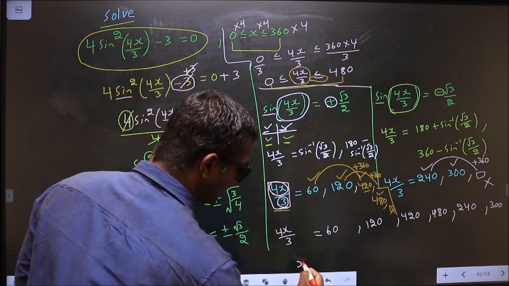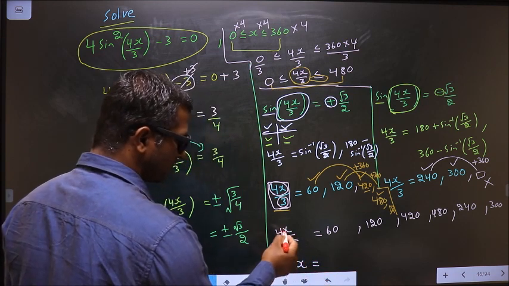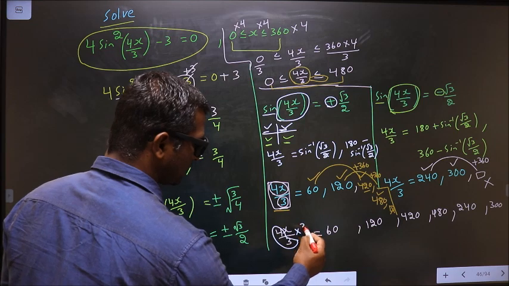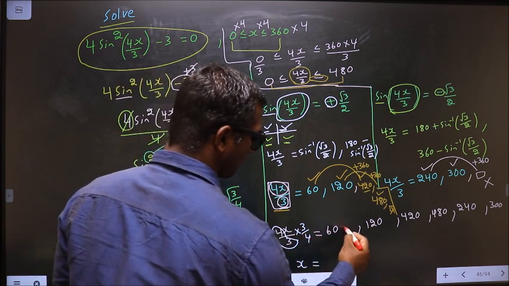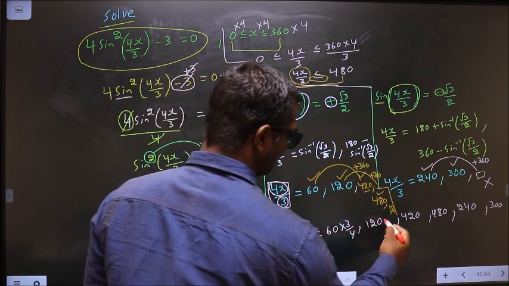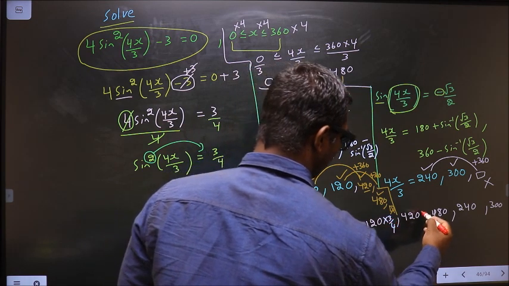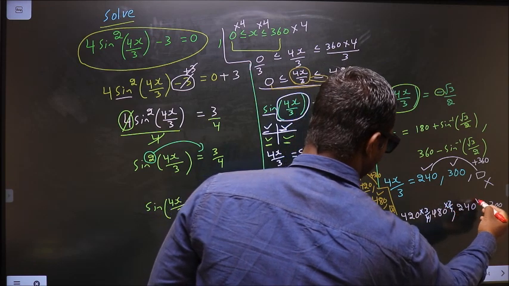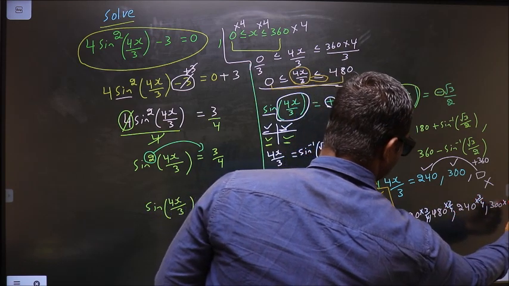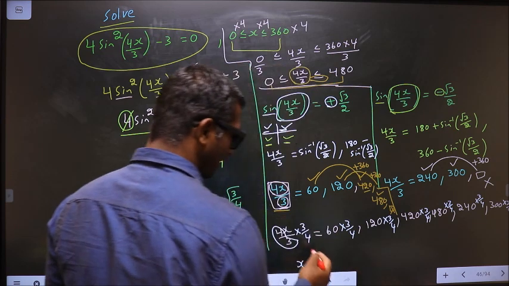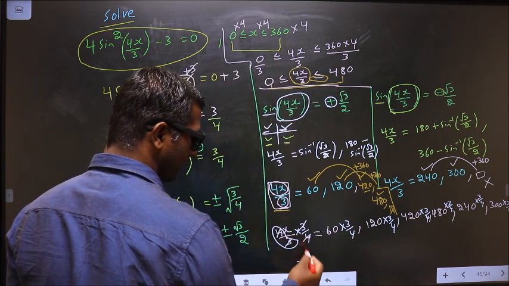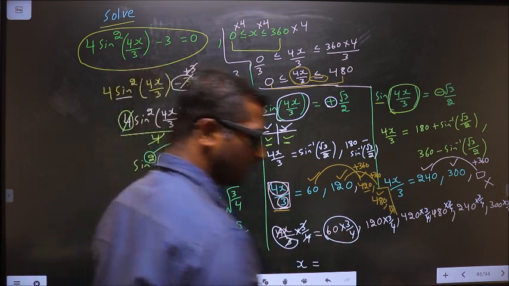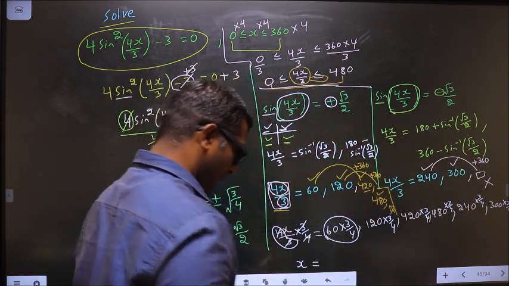Now, to get the values for x, I should remove this 4/3. So to remove 4/3, you should multiply by 3/4 to each. Now this cancels out, and here you get x. Put this in the calculator, you get 45.